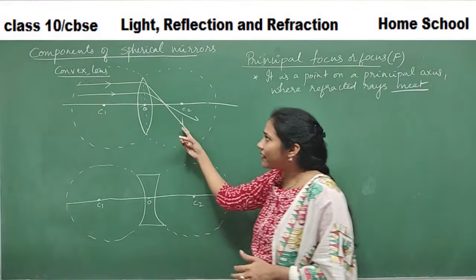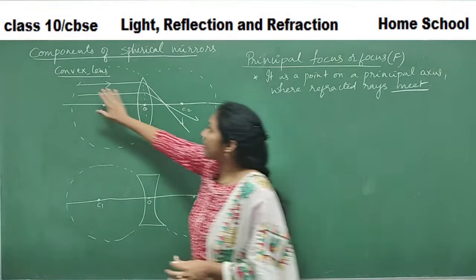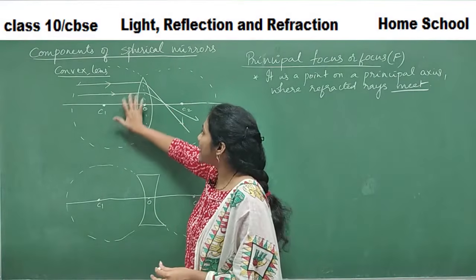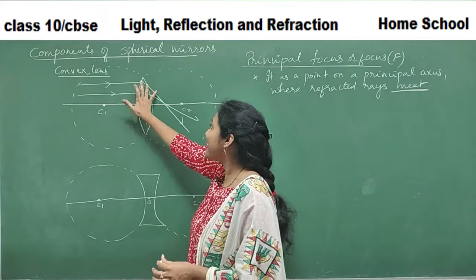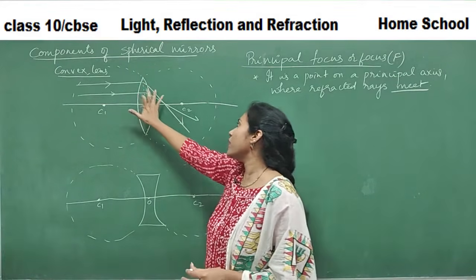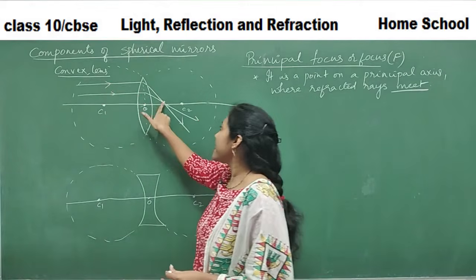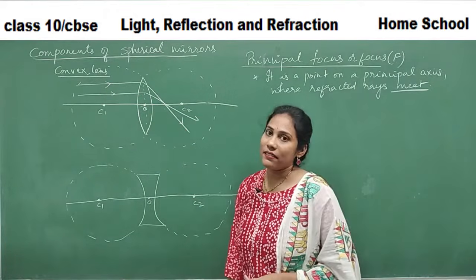Bending of light, changing the direction of light itself, is refraction, right? It's coming straight, parallel to the principal axis. The moment it goes into the lens and comes outside, bending takes place. These are incident rays, these are refracted rays, right?